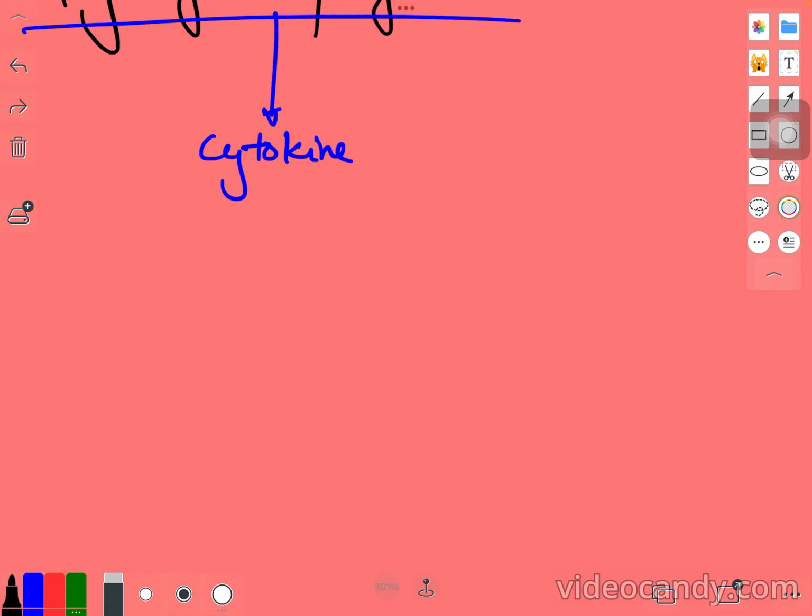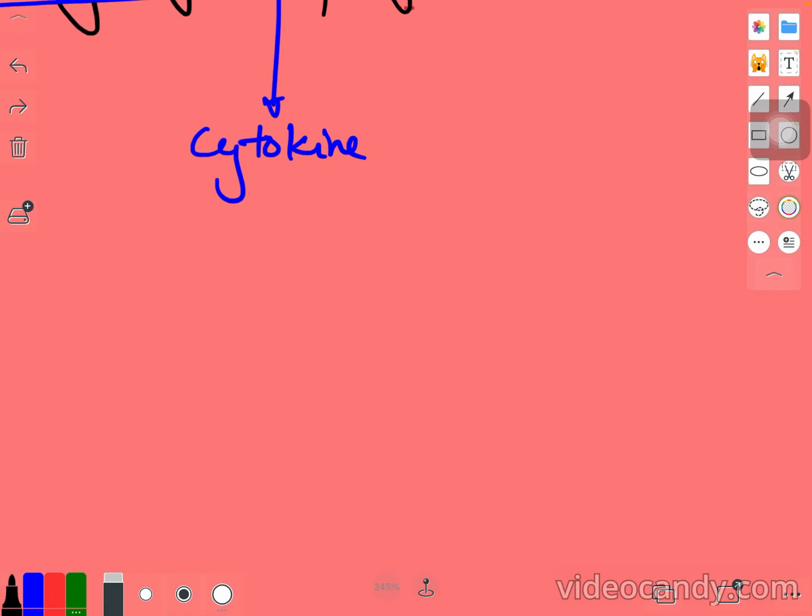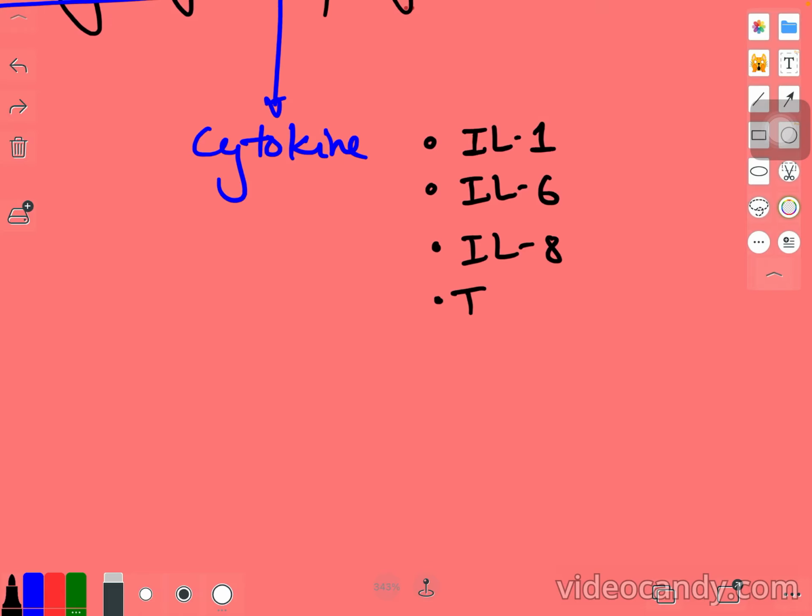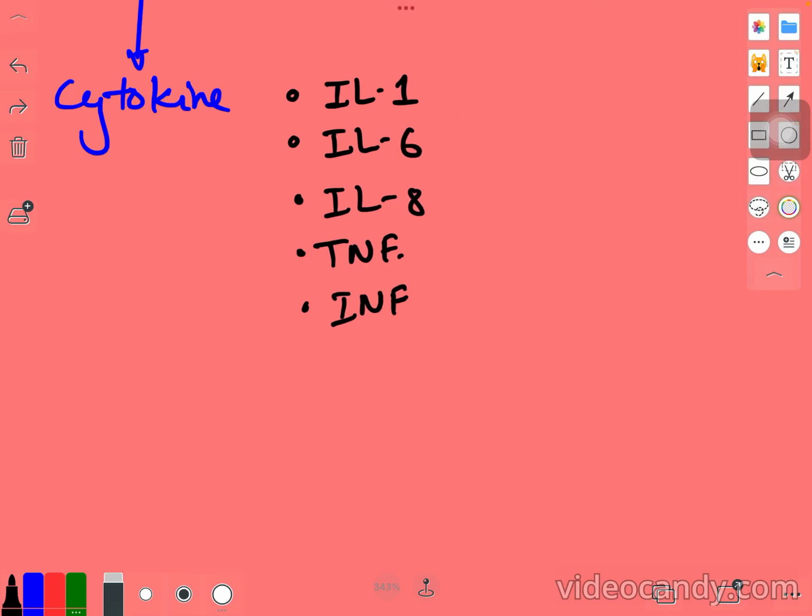We'll just focus only on the important ones. For example, interleukin 1, interleukin 6, interleukin 8, then we have TNF, tumor necrosis factor, and interferon, right? All these are considered as pyrogens.